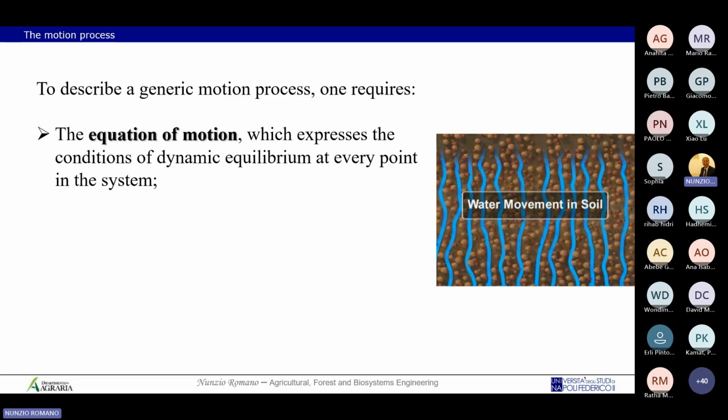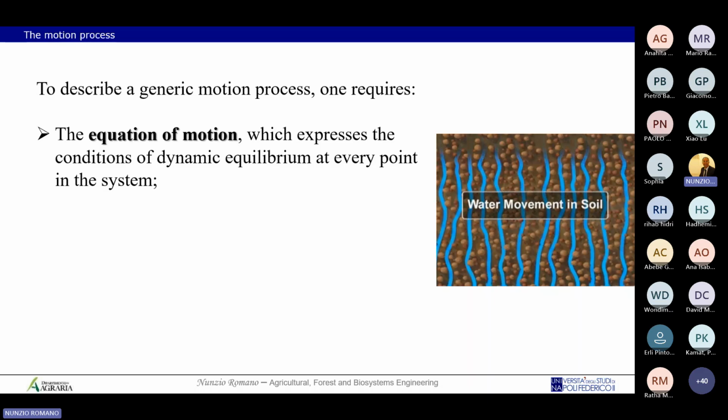The concept of soil water content and the concept of soil water potential now merge in the concept of movement of water, not only in the soil, like in this slide, but in general, the movement of water and solute in the soil vegetation atmosphere system.